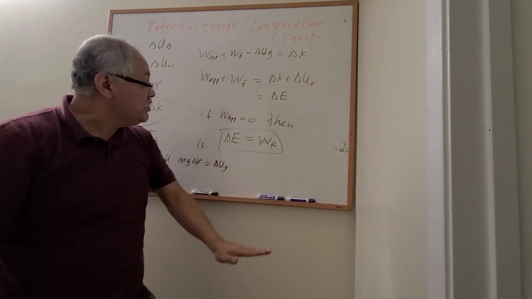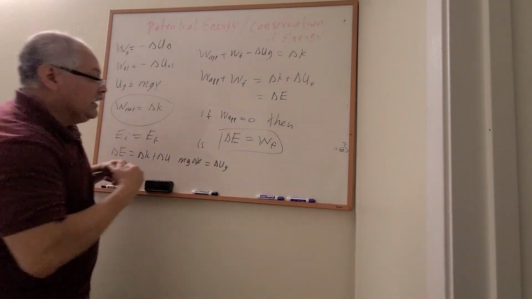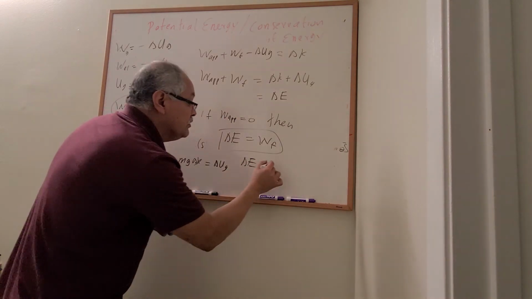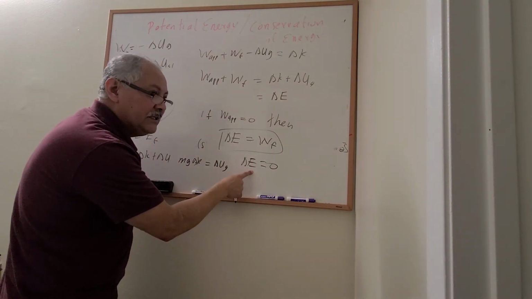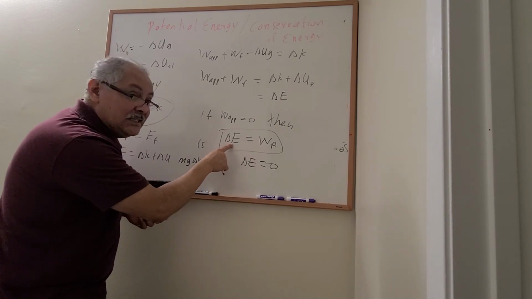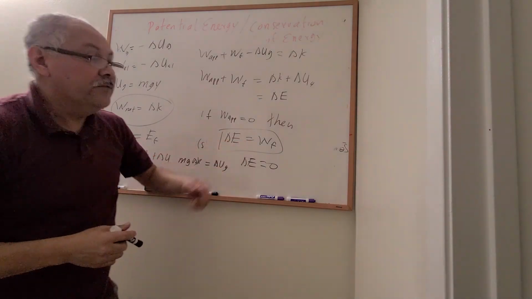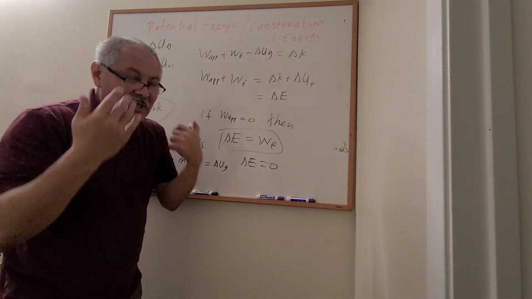If we have no friction, again, we get to the conclusion that the change in the total mechanical energy is equal to 0. This is with no friction. It's conserved. When we have friction, that change is equal to the work done by kinetic friction.